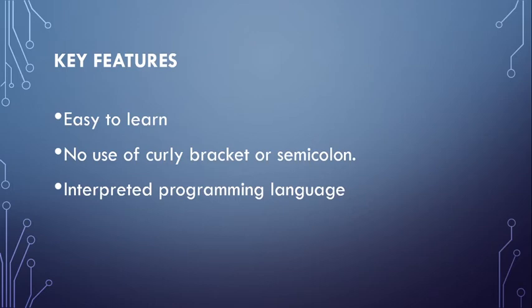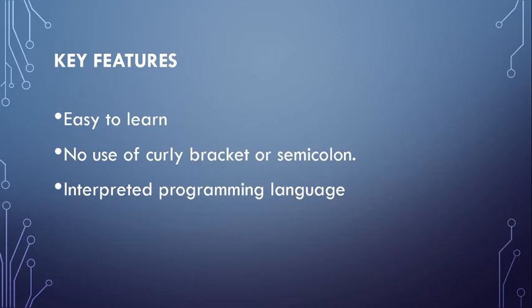And the third feature is Python is an interpreted programming language, meaning Python programming language is converted into low-level programming language one by one or line by line. Unlike other programming languages wherein it needs to be compiled. So interpreter and compiler are two different things.